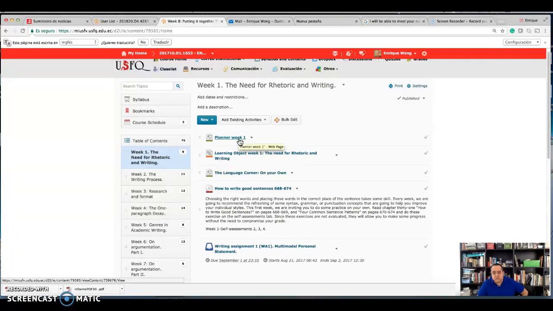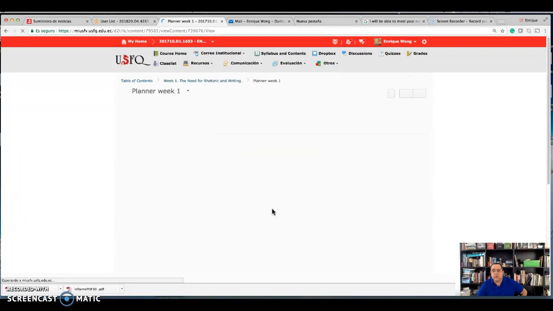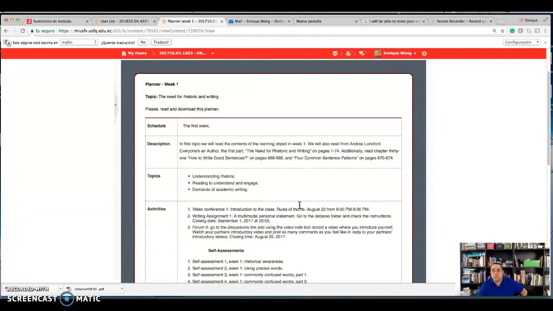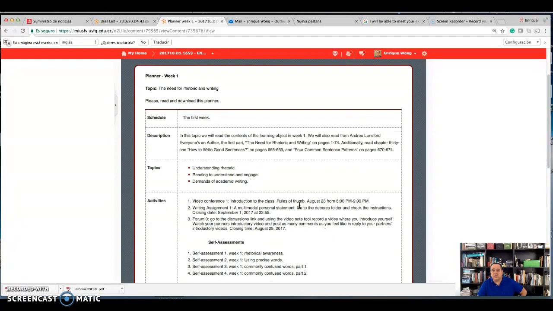It is a must to download the planner, because the planner gives you all the information of the material that you have to read, where, the pages, and the activities that you have to complete. If you download the planner the first day of the week, you'll be in great shape because you won't forget anything.